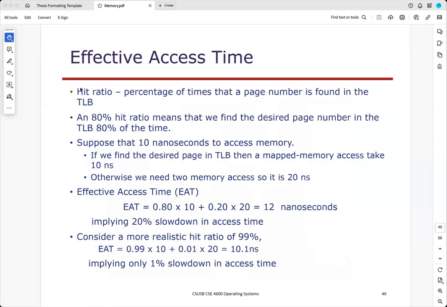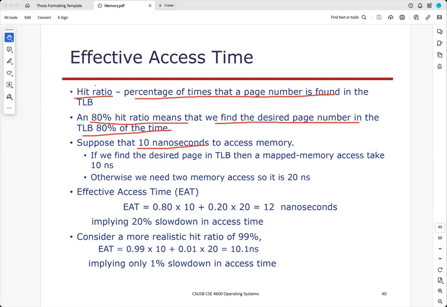Now let's analyze the effective access time. The TLB hit ratio is the percentage of time that a page number is found in the TLB. An 80% hit ratio means that we can find the desired page number in the TLB 80% of the time. Suppose it takes 10 nanoseconds to access main memory.